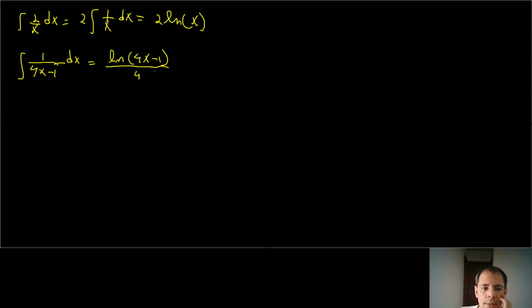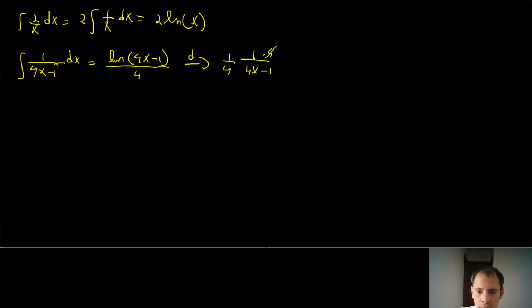Why, guys? Because let's differentiate this thing, okay? Differentiating this, I'm going to put a d here. It's going to be 1/4 times the derivative of this. And the derivative of this is 1 divided by 4x minus 1 times the derivative of the inner function, which is 4.